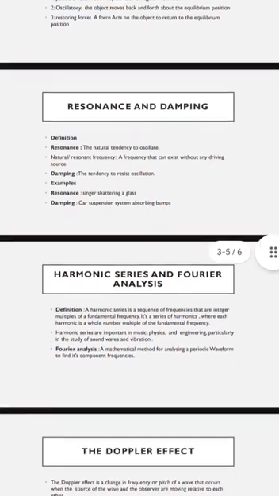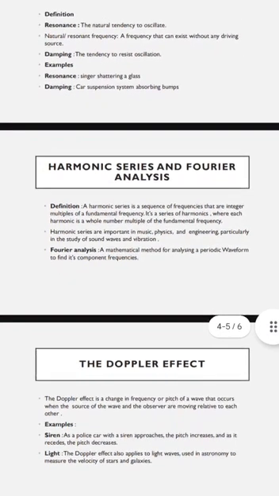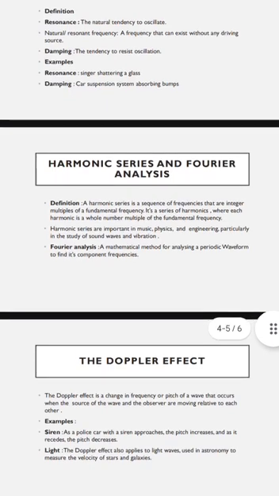Next is harmonic series and Fourier analysis. A harmonic series is a sequence of frequencies that are integral multiples of a fundamental frequency. It is a series of harmonics where every harmonic is a whole number multiple of the fundamental frequency. Basically, a harmonic series is a sequence of sound where each frequency is a multiple of a fundamental frequency.